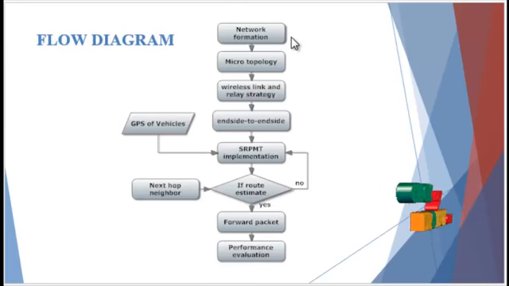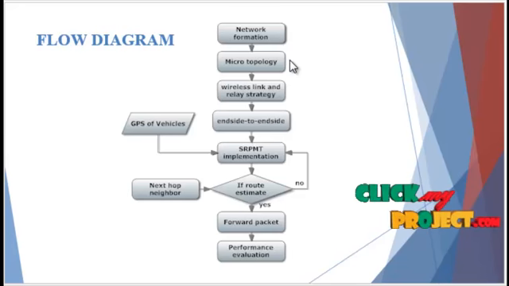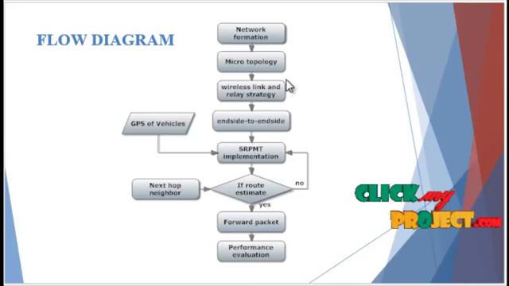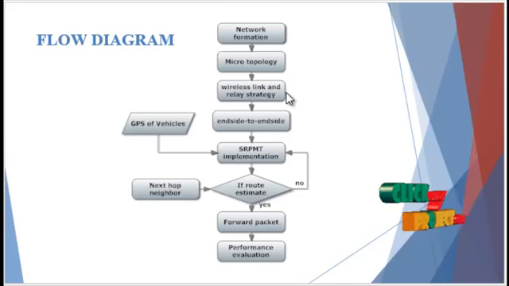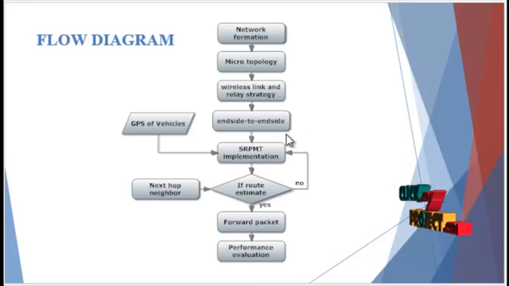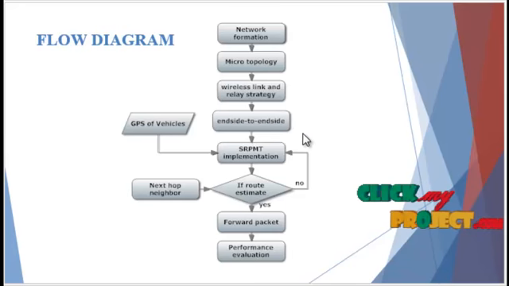First, the network is formed, which consists of a number of vehicles. It is declared as a microtopology, that is, the number of wireless links and the relay strategy are included in this microtopology. After that, the street-to-street framework is created, that is, the street is divided into segments between the number of vehicles.